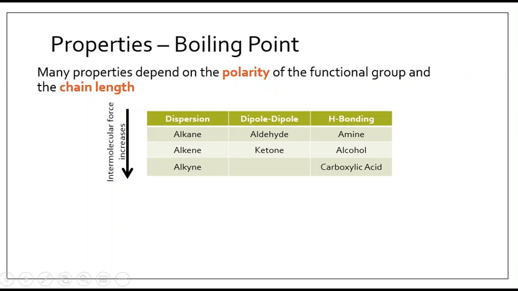The linear shape means that the electron cloud is more polarizable because you have two definite ends to it, and you don't have other ones branching off of it. So the alkynes are slightly higher in terms of their intermolecular forces than the alkenes or the alkanes.